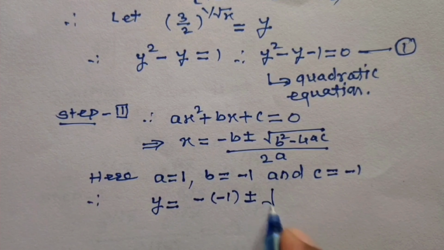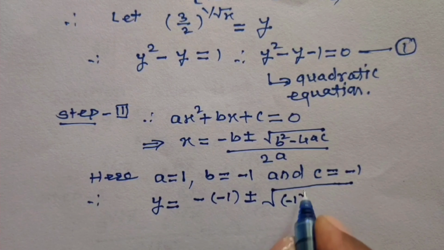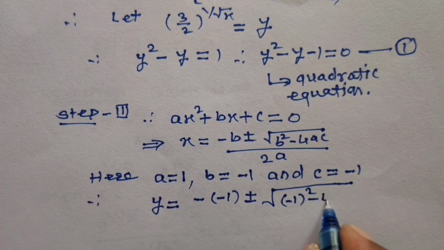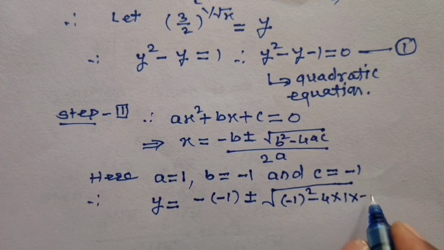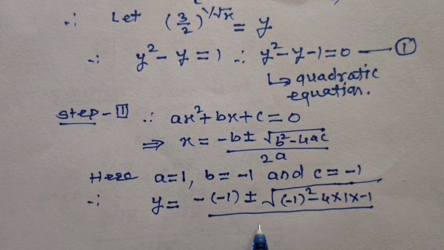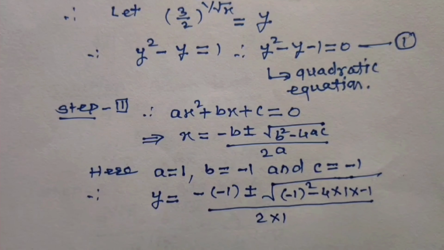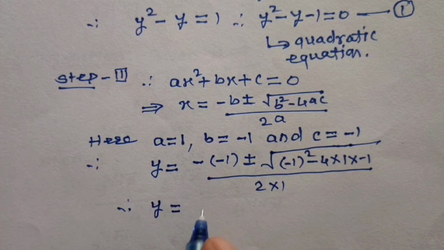Using these values of a, b and c, we can write y is equal to minus of minus 1 plus or minus square root of minus 1 its square minus 4 into 1 into minus 1 whole divided by 2 into 1.